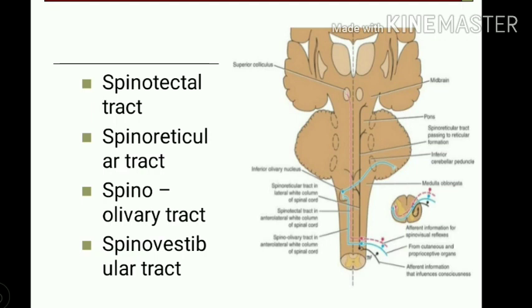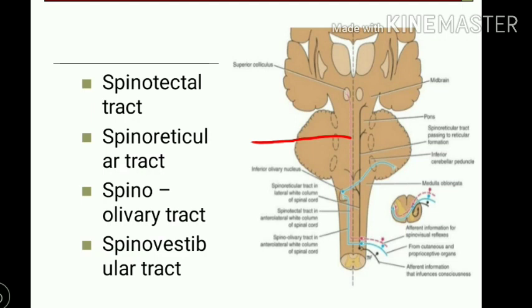Now, some other ascending tracts. They are the spinotectal tract. You can see here in the diagram, this pink one is spinotectal, which carries impulses from the spinal cord to the superior colliculus in the midbrain.